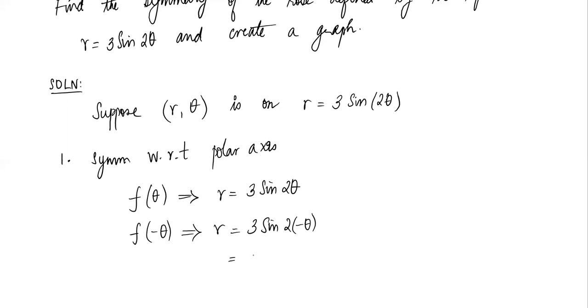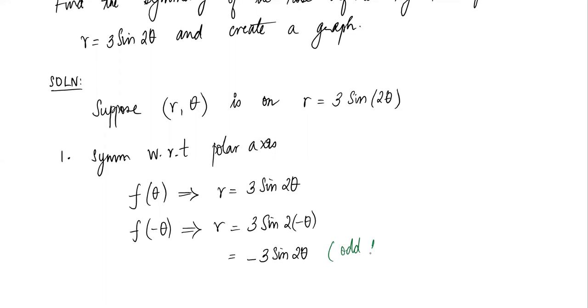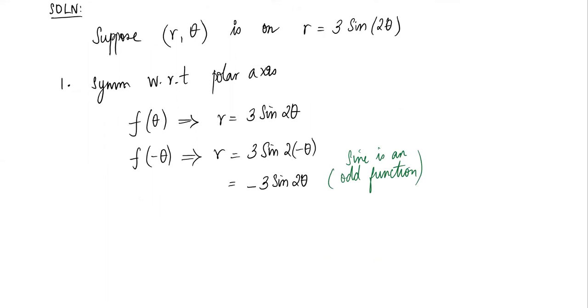Because it's an odd function, the negative would come out, it would spit out the negative, okay? So remember to write that. Let's say sine is an odd function. And then if it was symmetric with respect to the polar axis, then f of theta would be the same, but these two are not the same.